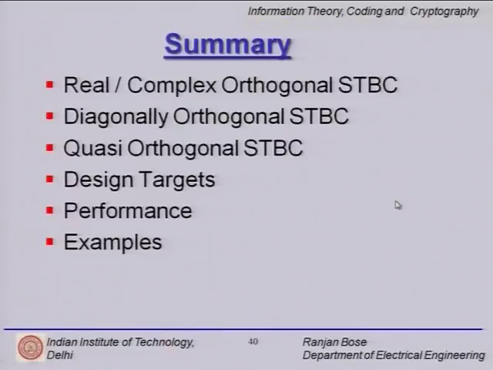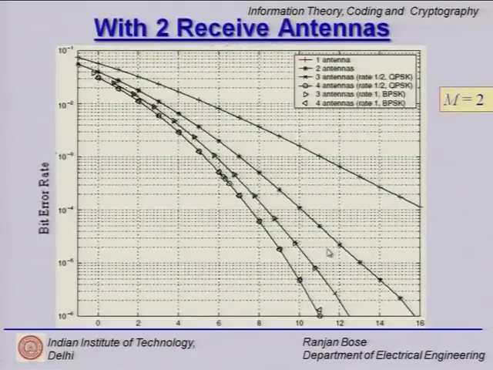Again, if you look at 2 antennas at the transmitter and 2 antennas at the receiver, you get the following curve, and again at 3 antennas and 4 antennas at the transmitter, you get this law of diminishing return. Once again for 4 antenna and 3 antenna curves, whether you use rate 1 BPSK or rate half QPSK, you have the curves coinciding.